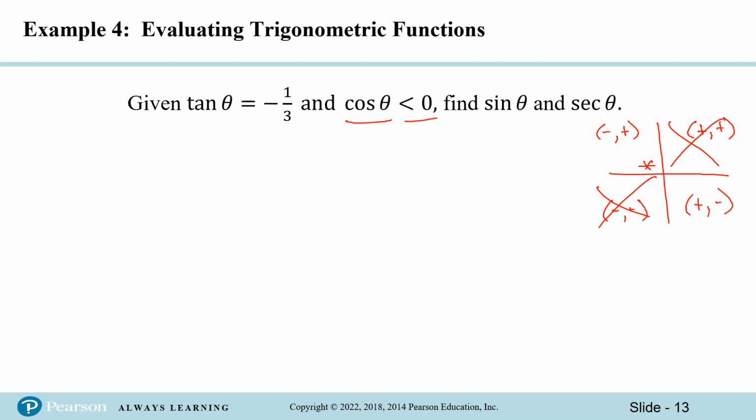When we divide those, it would be negative, so it's possible it's in quadrant 2 or quadrant 4, and the cosine has to be negative. Well, the cosine is the x. My x is positive in quadrant 4, so it's not that one either, so I'm in quadrant 2.